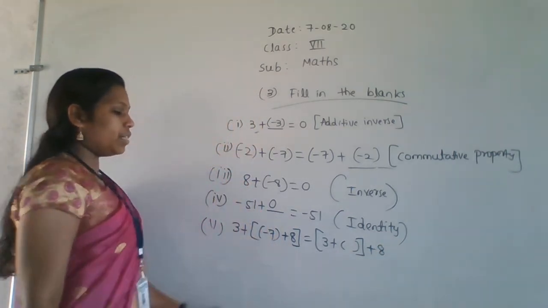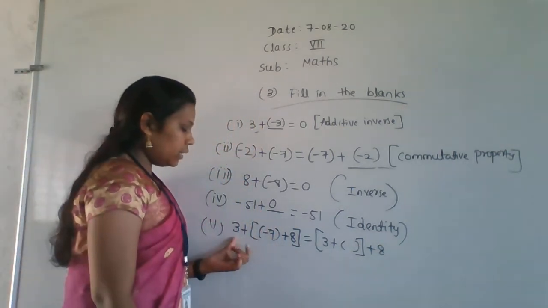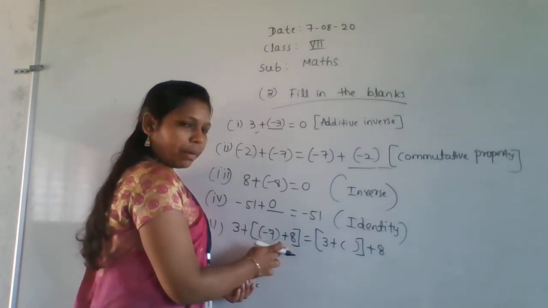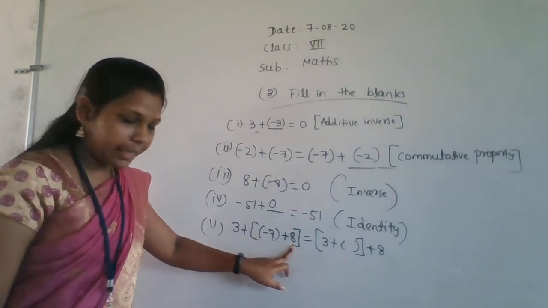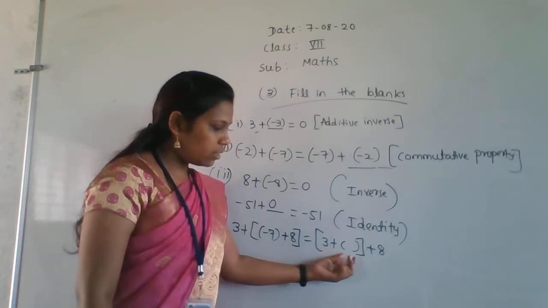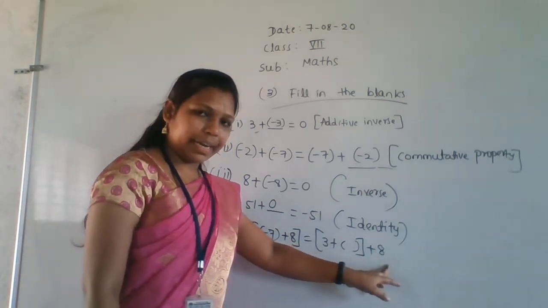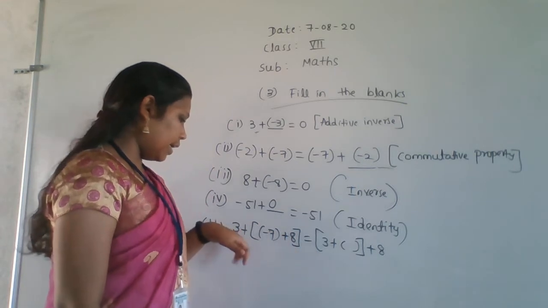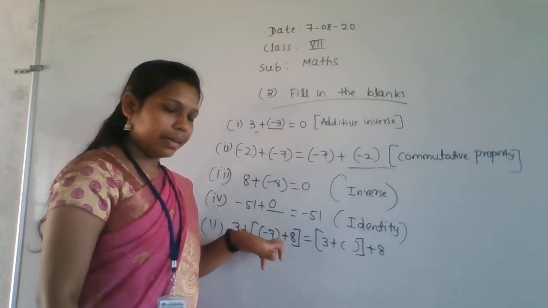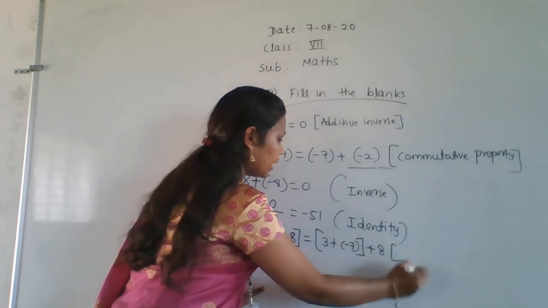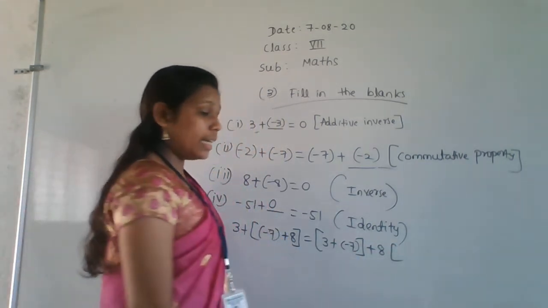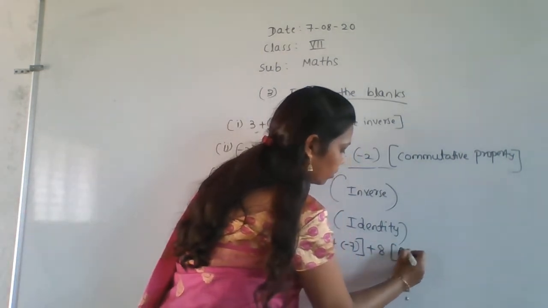Which value is missing here? See, here 3 minus 7 plus 8 is there, but here 3 and 8 are there and some value is missing. Which value is missing? Minus 7, right? And which property is it? Associative property.